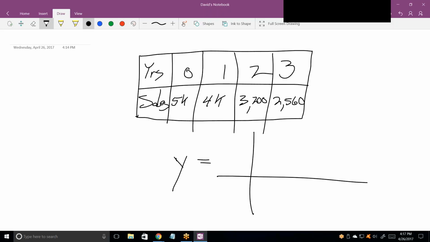If it's linear, the function is y equals mx plus b. But if it's exponential decay, which it appears to be, then the nature of the function is different. The function's going to be a times some b to the x power.